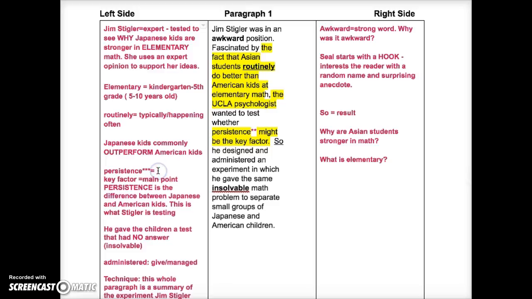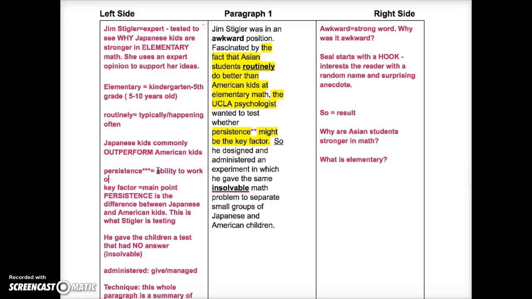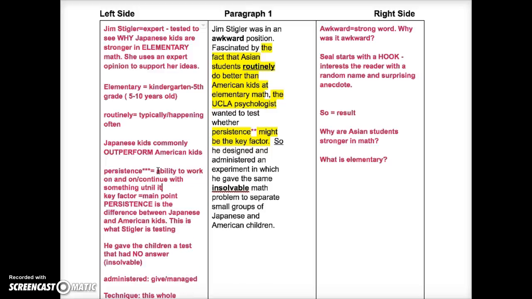Persistence means the ability to work on and on, or to continue with something until it's completed. Okay, and there are some words I don't know. Elementary, what does that mean? That means, I looked it up, it's kindergarten through 5th grade, so 5 to 10-year-old students.